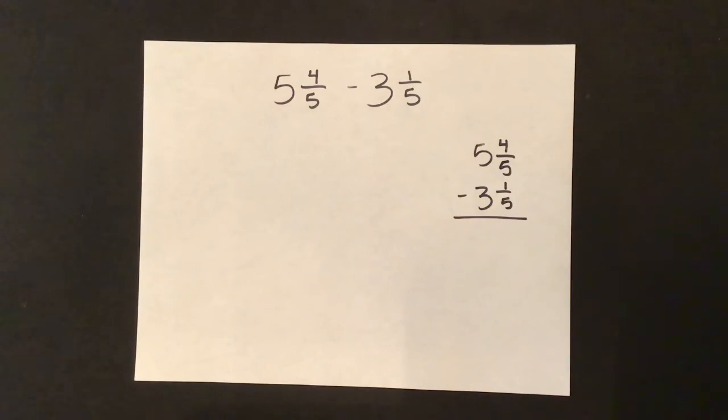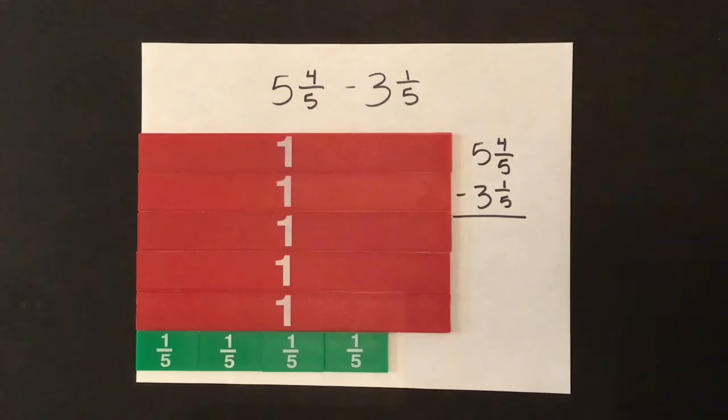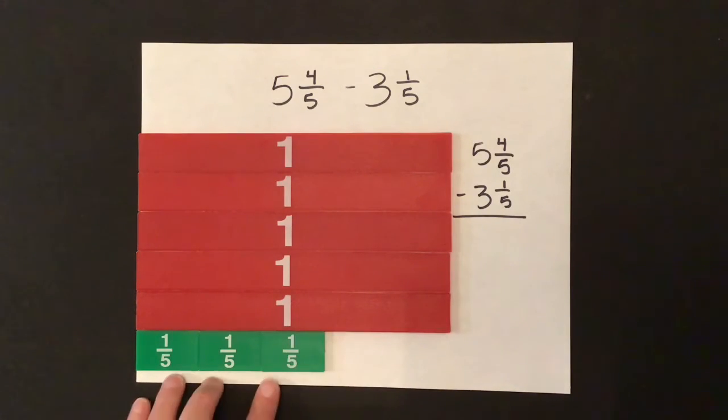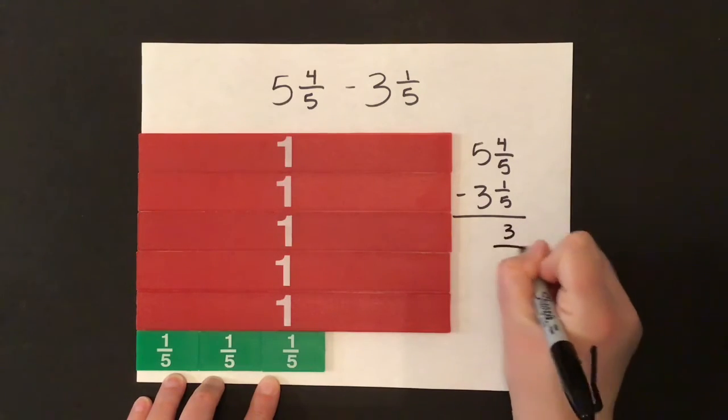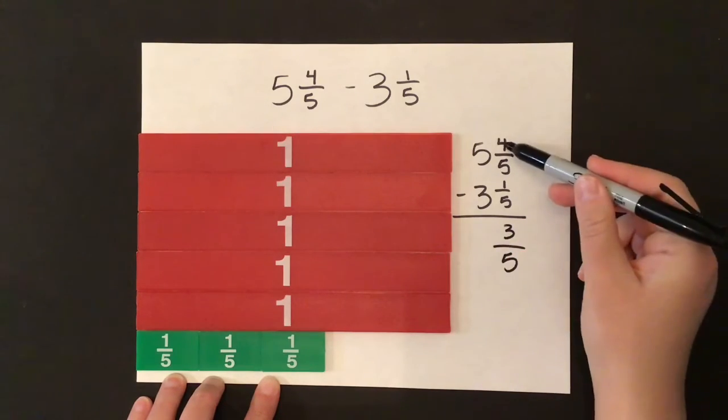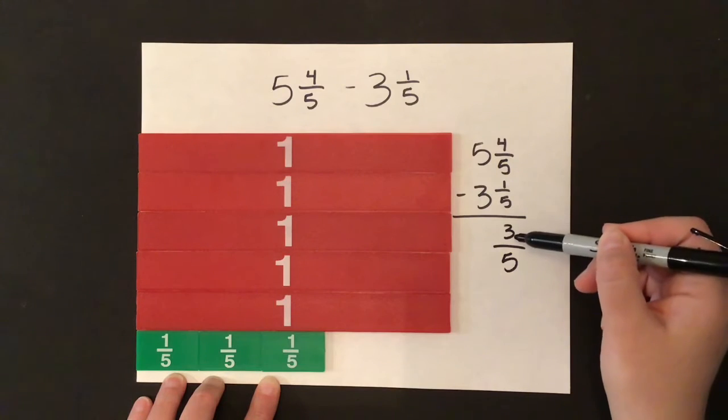If we want to use our fraction bars, we need to get out 5 wholes and then 4/5. Okay, so now we're ready to subtract. We're taking away 1/5. That leaves me with 3/5. 4 pieces take away 1 piece is 3 pieces.